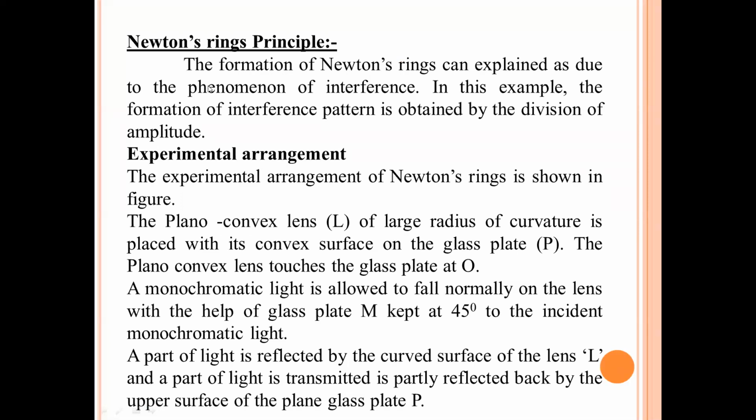In the last session, we discussed interference in thin films in a reflection system, where we discussed the dark and bright fringes. Here we discuss the same pattern, but in place of fringes, we discuss rings.